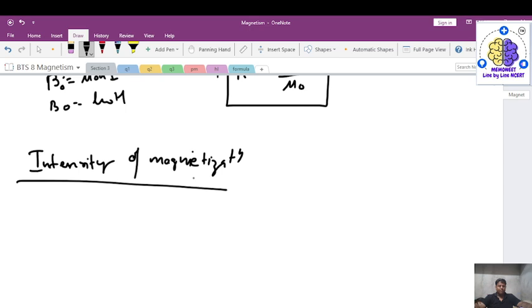Magnetic moment developed per unit volume of a material when placed in a magnetizing field is called intensity of magnetization, or simply magnetization, right?